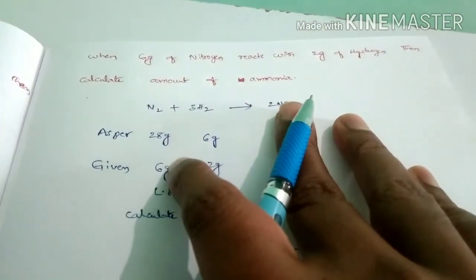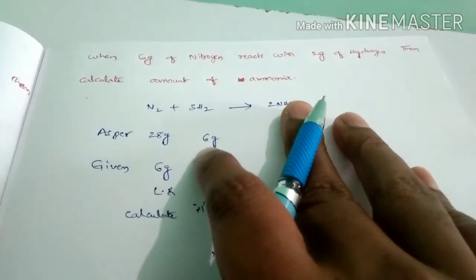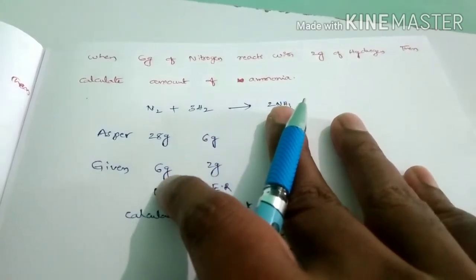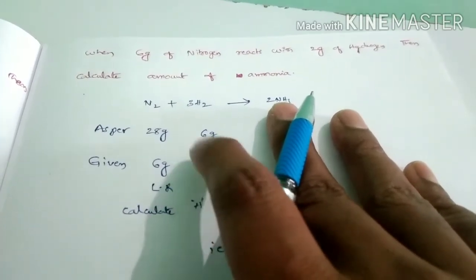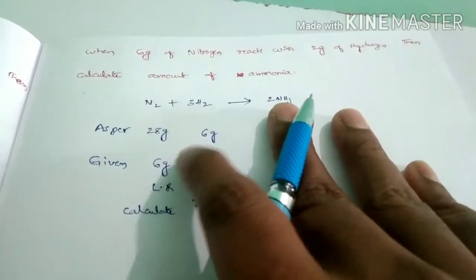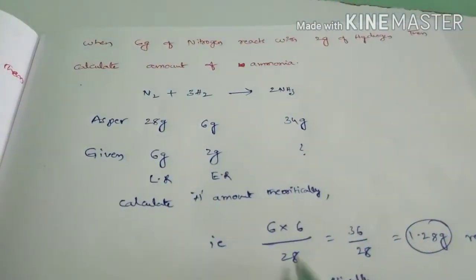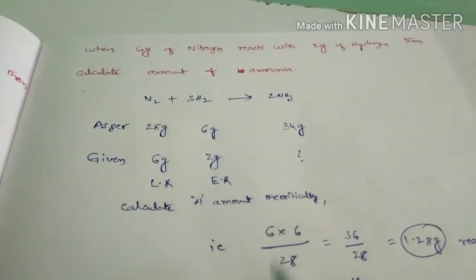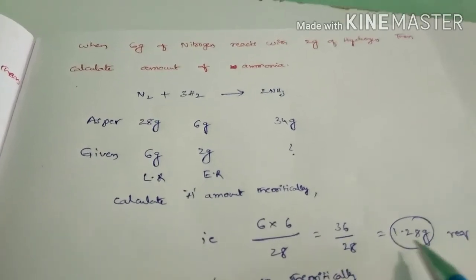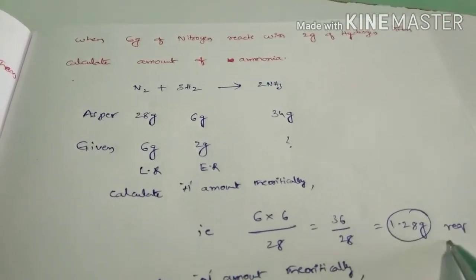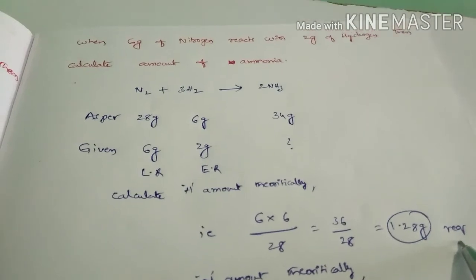So for 28 grams of nitrogen, 6 grams of hydrogen is required. Then for 6 grams of nitrogen, how much hydrogen is required? Calculate the hydrogen amount theoretically: 6 into 6 by 28, which is 36 by 28, finally 1.28 grams. This is the required amount.